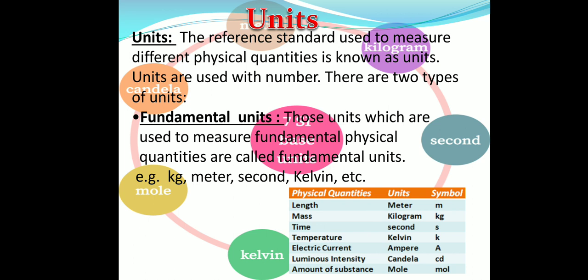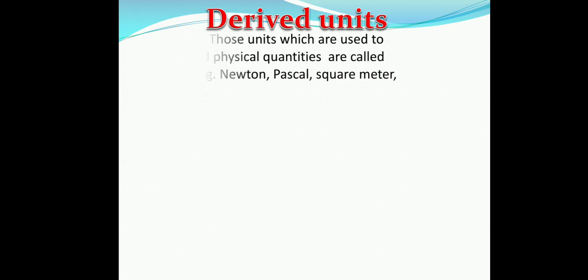Meter is a fundamental unit. Mass is a fundamental physical quantity. Kilogram is a fundamental unit. Always fundamental units are used to measure the fundamental physical quantities. And there are 7 fundamental physical quantities and units.